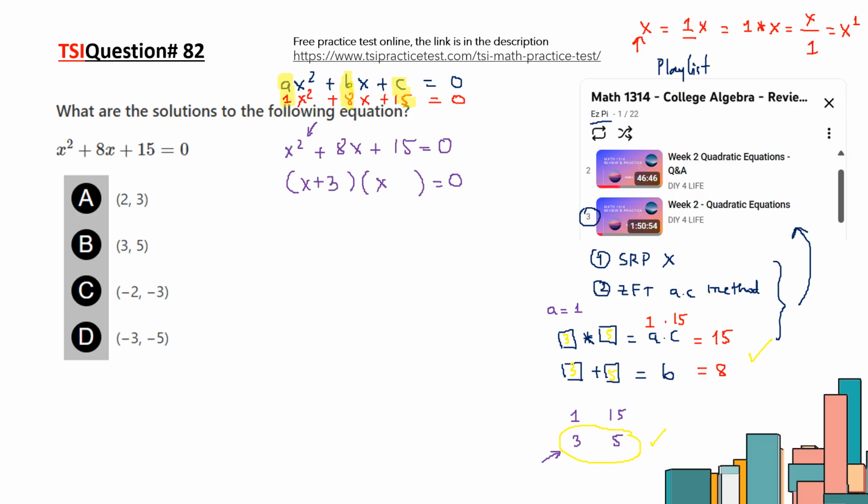If positive 5, make it positive 5. If it's negative, write down negative. That's how we factor the quadratic expression on the left hand side.